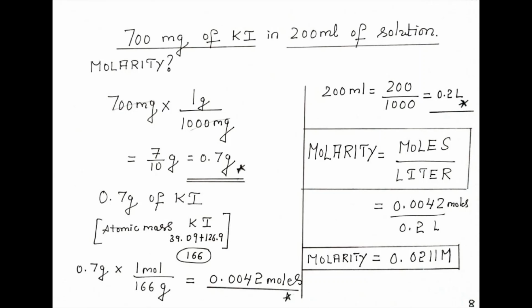So molarity is 0.021 molar. So in this way, we can easily calculate the molarity. Only thing we need to keep in our mind is molarity is moles per liter. So whatever the problems you do, first convert it into moles and convert the solvent into liter, and easily you can calculate molarity of the solution.